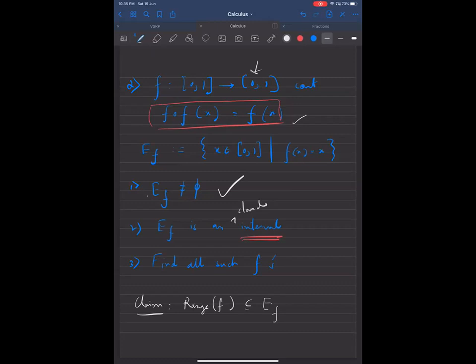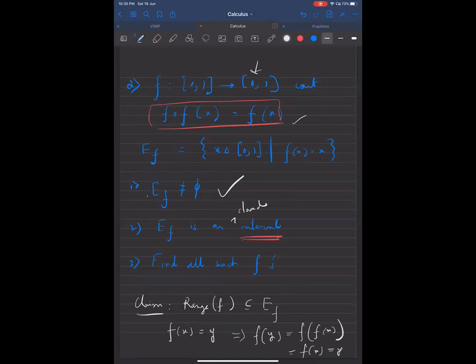Why is this true? Suppose f of x is equal to y, then f of y is equal to f of f of x, which is equal to f of x, which is equal to y. Right?